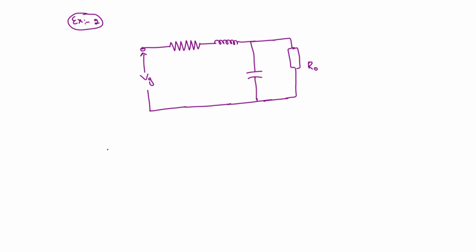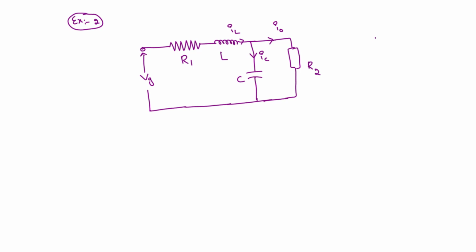This one I am calling R1, this one let me take as R2, this one L, and this one the capacitor C. The current flowing through the L I am considering as IL, the current flowing through the output as I naught, and the current flowing through the capacitor is IC. First of all, you have to remember only two things.